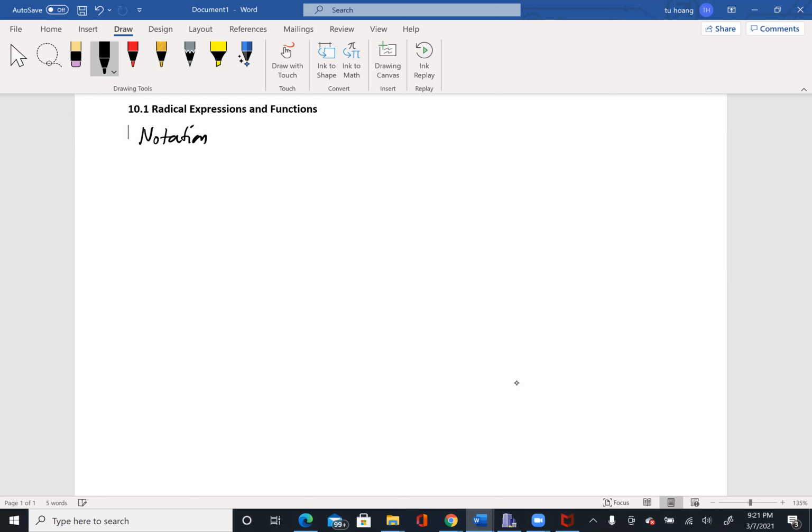Okay. So in this section, we have this notation called radical. So this is radical. And the one inside, let's say A, here is called radicand.